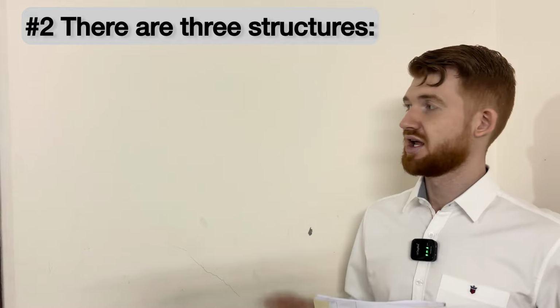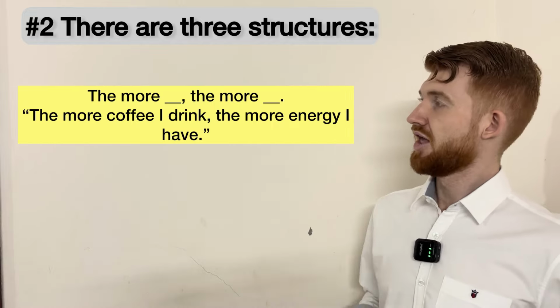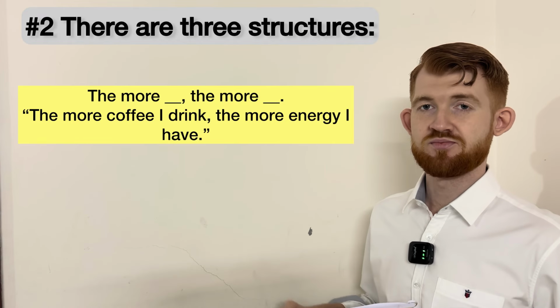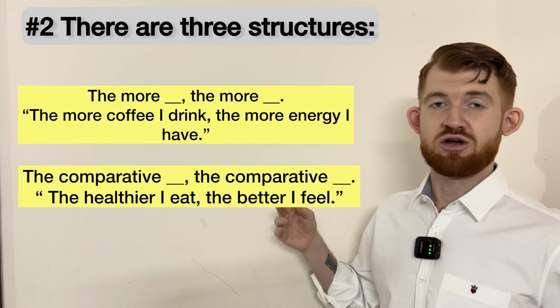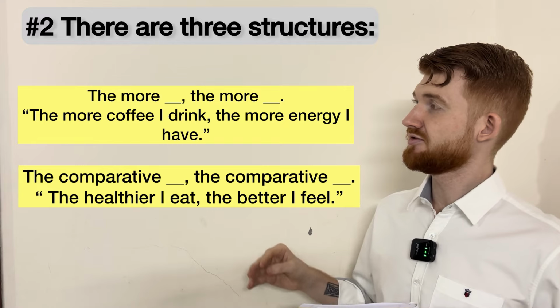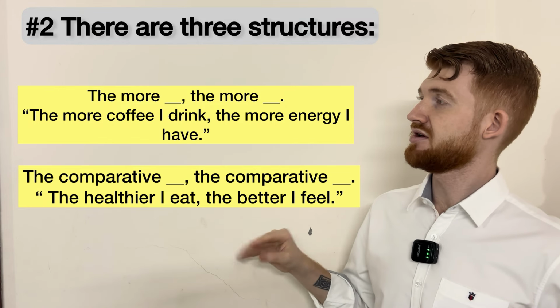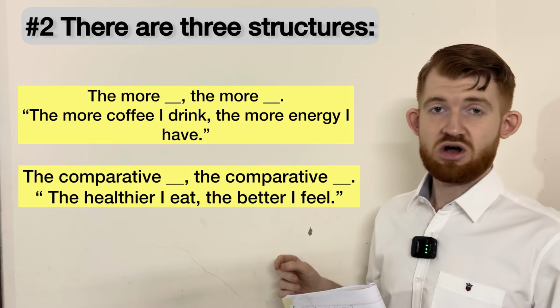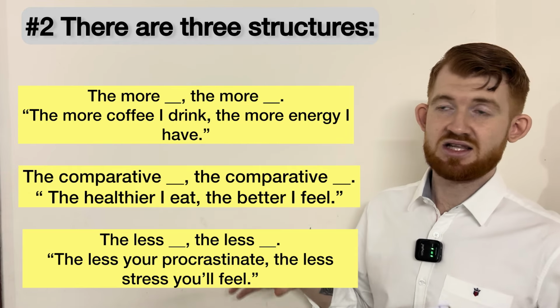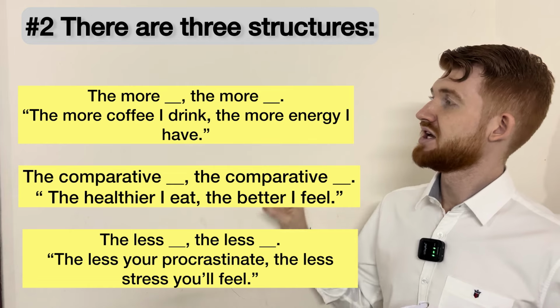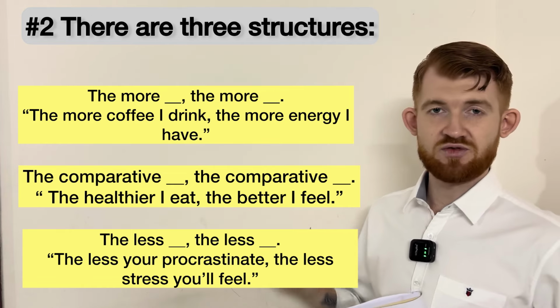We could use the more, the more coffee I drink, the more energy I have. We could use the comparative, the healthier I eat, the better I feel. Or we could also use the less, such as the less you procrastinate, the less stress you will feel.